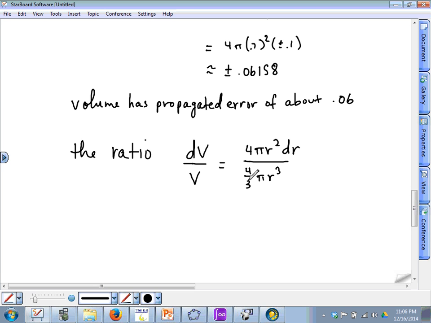So we're dividing by 4/3. Dividing by 4/3 is the same as multiplying by 3/4. So if you multiply by 3/4, here the 4's would cancel. So you just have the 3 up here. Pi's are gone. R squared over r cubed, that just leaves a single r in the denominator. So what that turns into is 3 over r times dr.